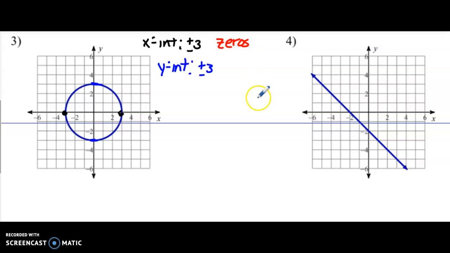For number 4, the x-intercepts cross at one place, that's a -2. This is also called the 0 of your graph. The y-intercept, where does it cross the y-axis? It crosses down here also at -2.